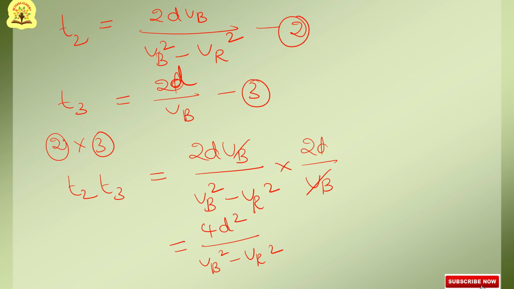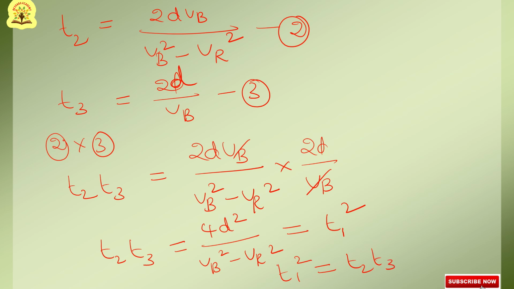This is 4d square by Vb square minus Vr square, which can be written as T1 square. So T2 into T3 is equal to T1 square, or we can write T1 square is equal to T2 T3.